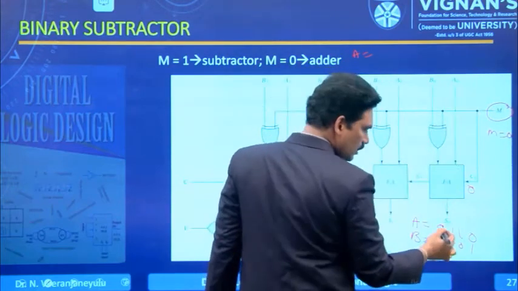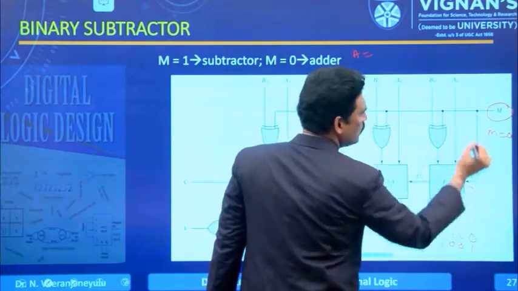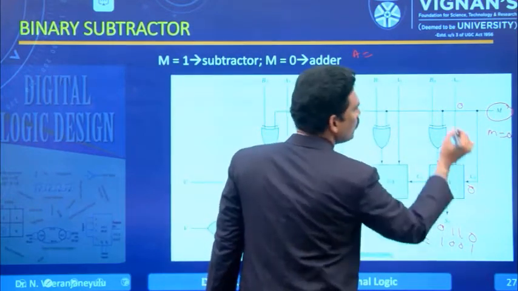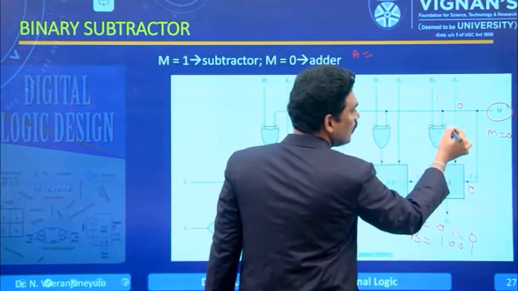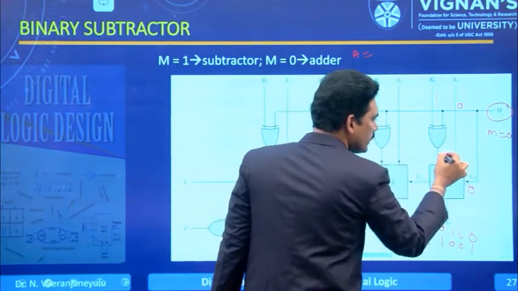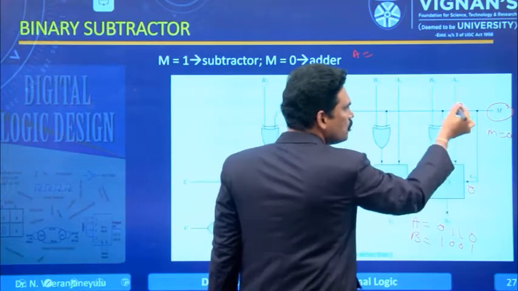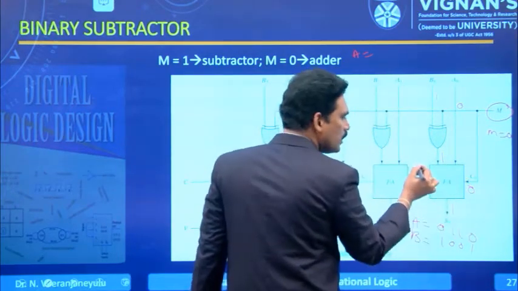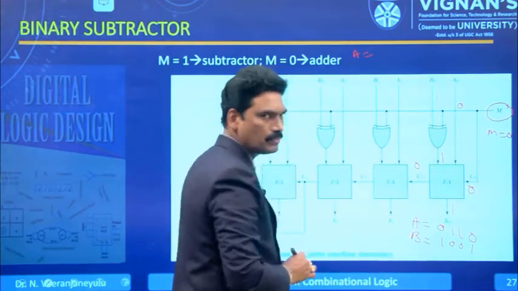Now this is A0, which is 0, and this is B0, which is 1. 1 XOR 0 gives 1, that means it takes B as it is. 0 plus 1 gives 1, and there is no carry, 0 only.